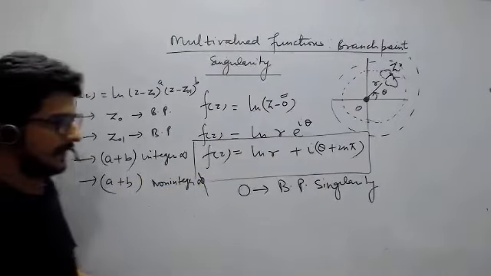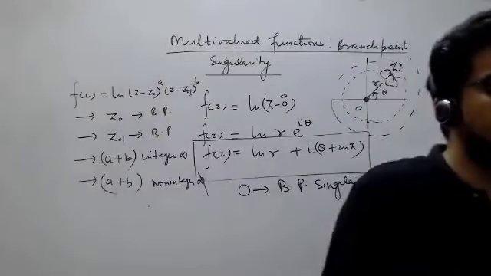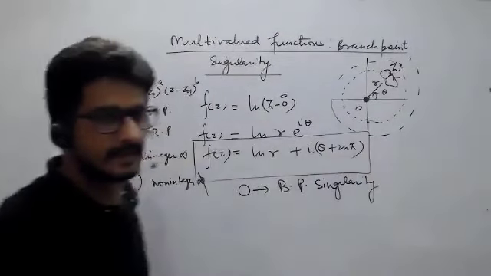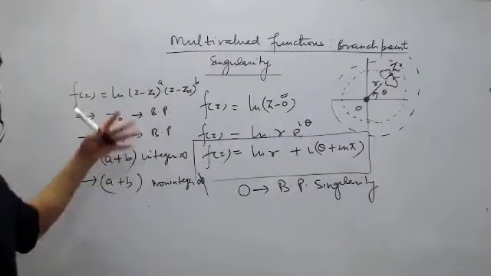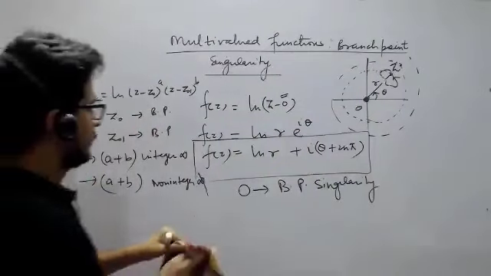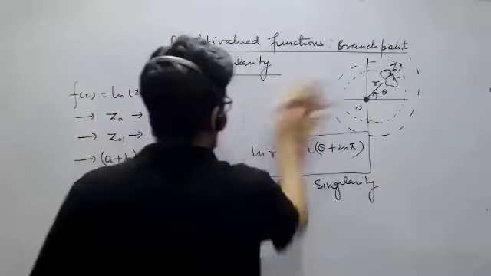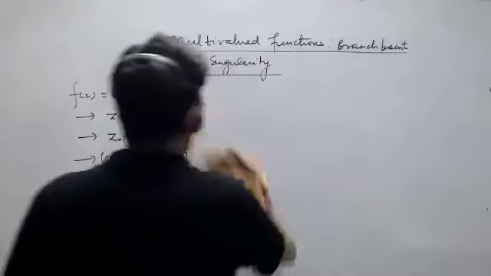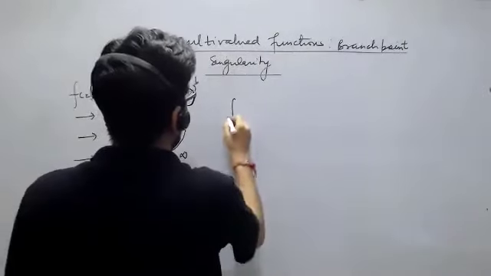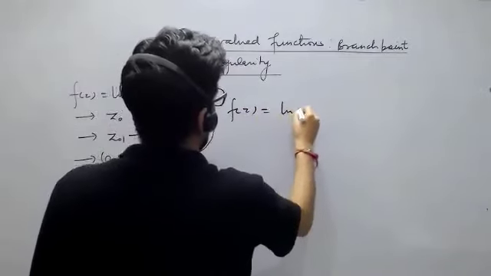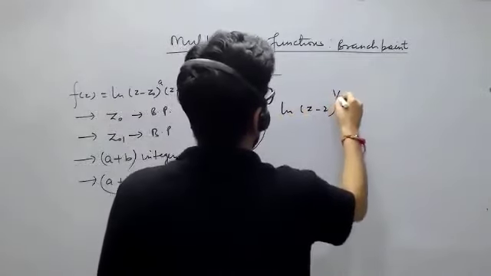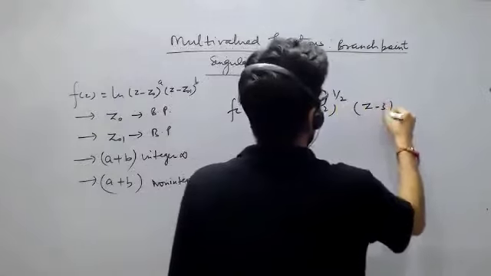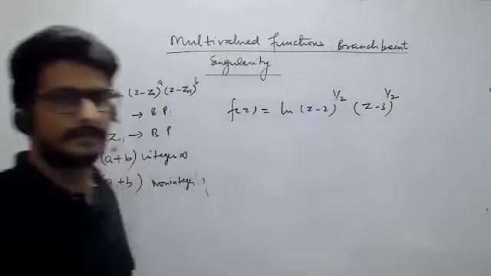So let me take an example. To find all this, a lot of limits have to be computed, but I am telling you in short. So let us take this. First example: f of z is log of z minus 2 to the power half, z minus 3 to the power half.